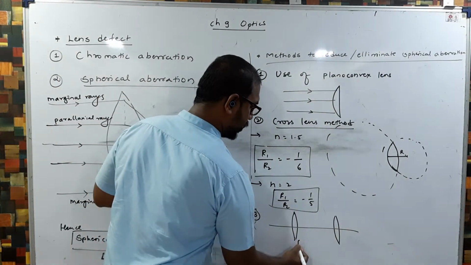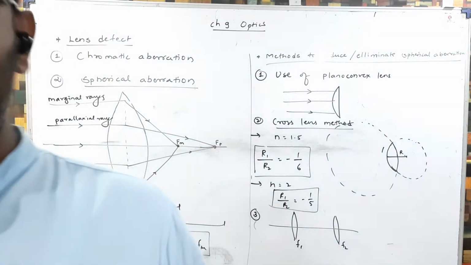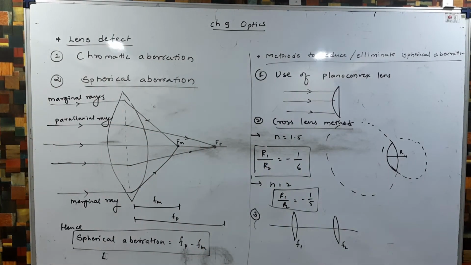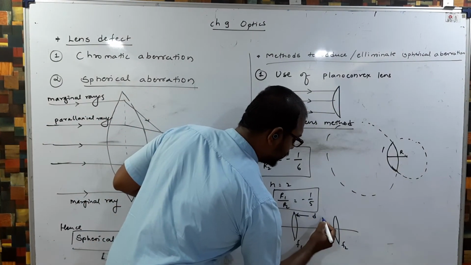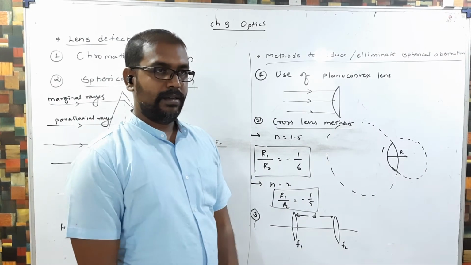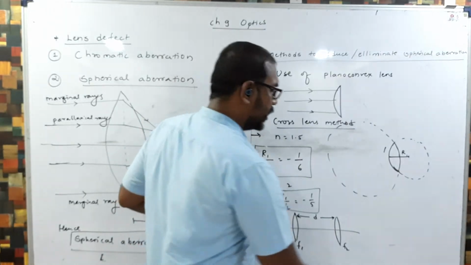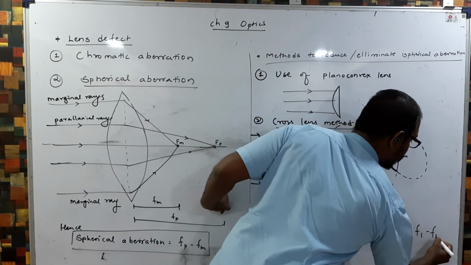If the focal length of the first is f1 and of the second is f2, then the difference in focal lengths must be the distance d between the two lenses. So d is equal to f1 minus f2.